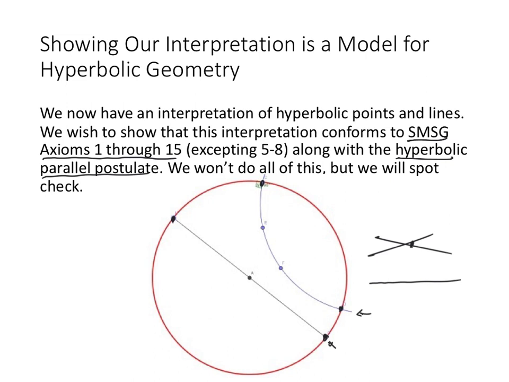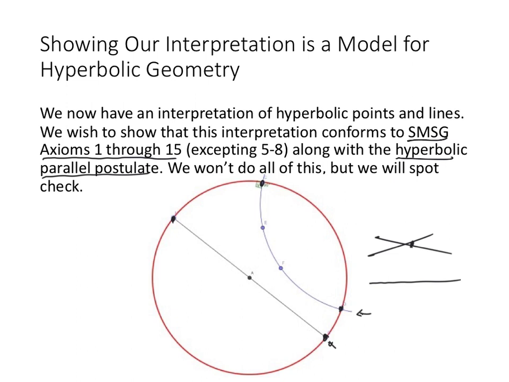Okay, so with that interpretation, we have begun already to verify that each of these axioms holds. Now, we're not going to do all of the axioms, of course. It's a great deal of work to do that. But we have already shown in class that axiom 1 holds. We've shown with a proper interpretation of distance that axiom 2 holds.